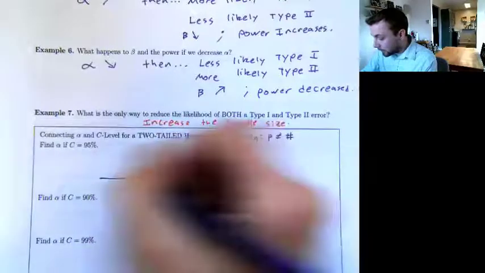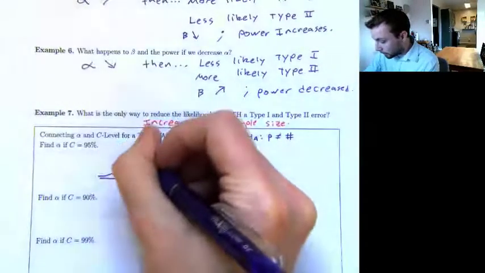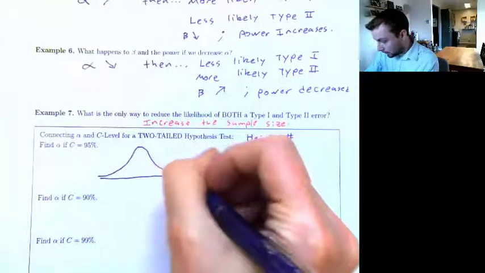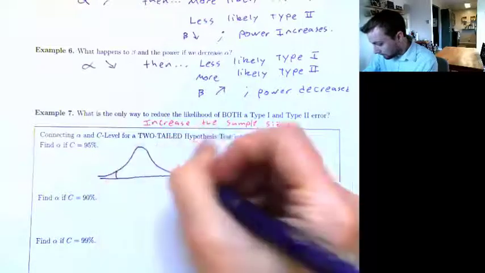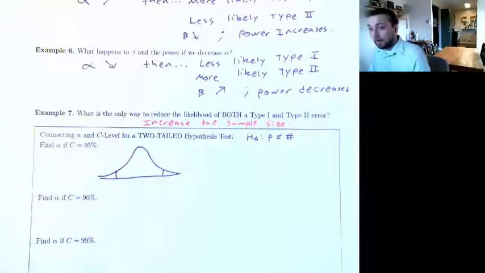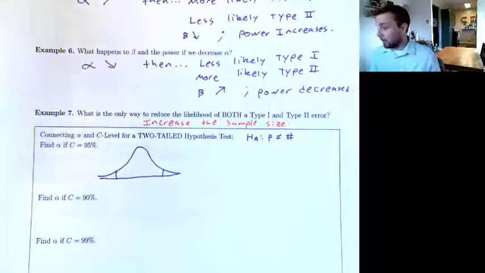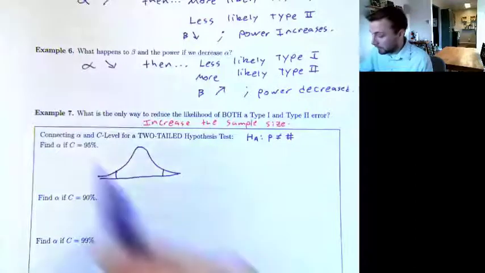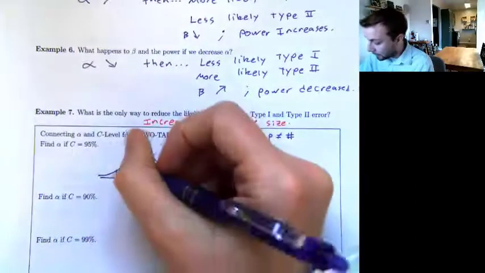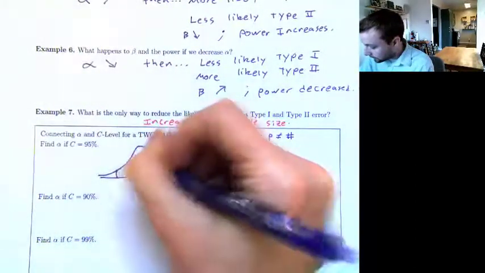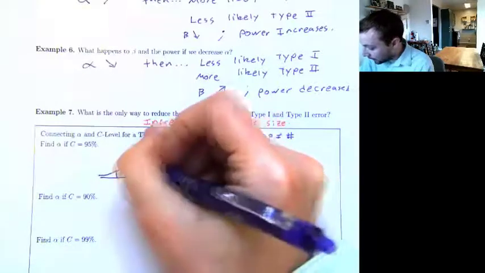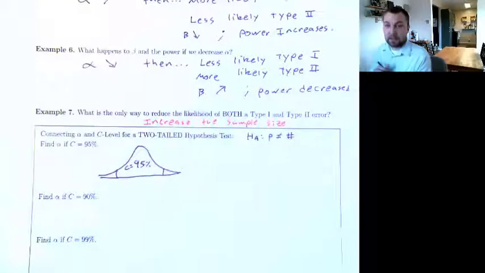I find that it helps to draw pictures for these, so I'm going to do that. Alpha is the size of your tails for the test. Your confidence happens in the center. So if someone says, I want to be 95% confident, then they're saying they want 95% in the center.